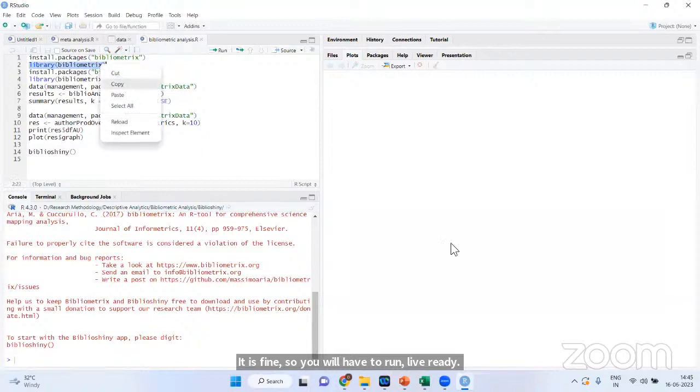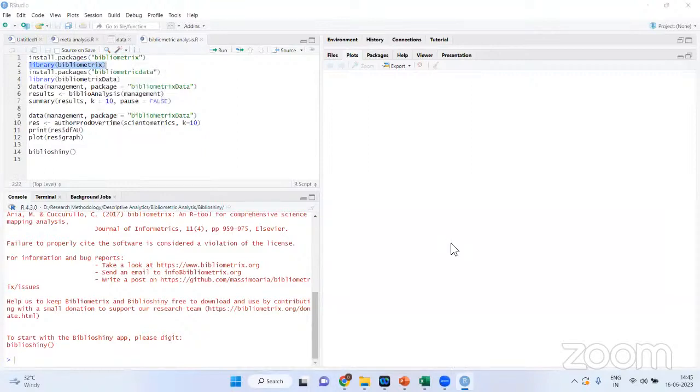I am sending the code to you. Activate BiblioShiny by running this command.